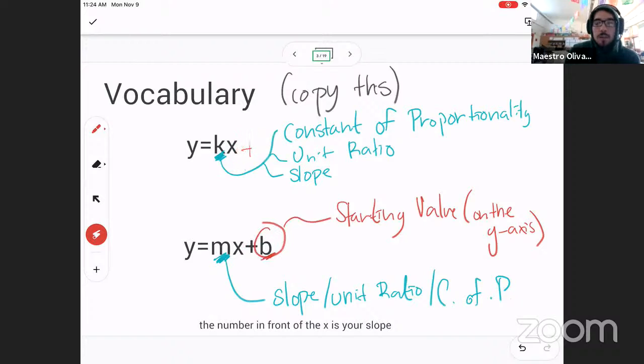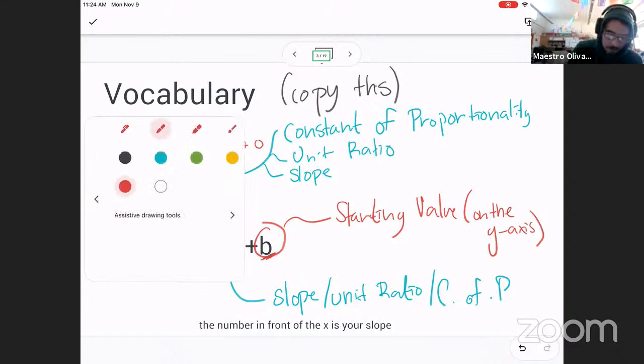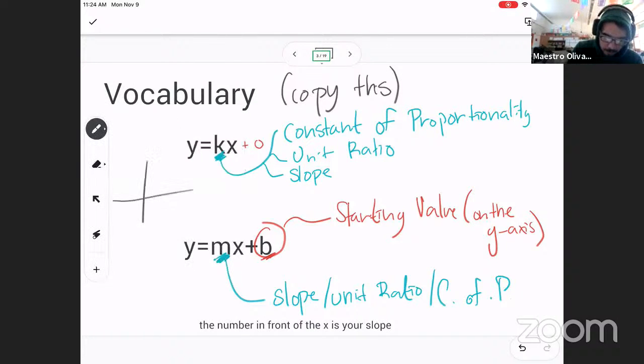Is there a plus something? No. And if there was, it would be a plus 0. And that's why whenever you have a proportional relationship, the 0 means you start at 0 and then you graph your slope.